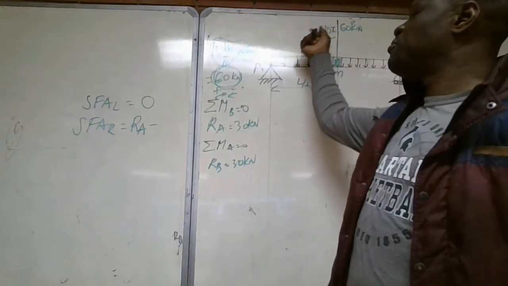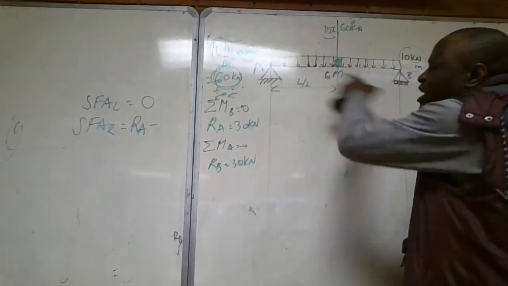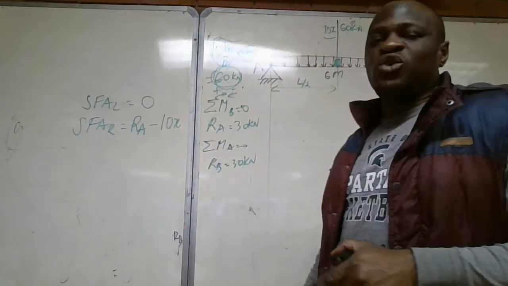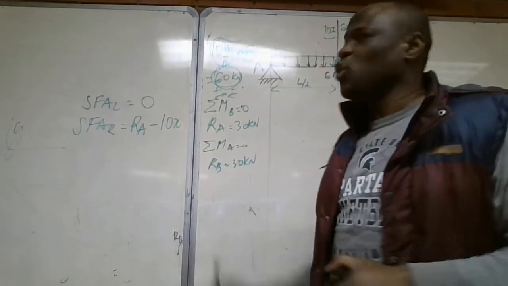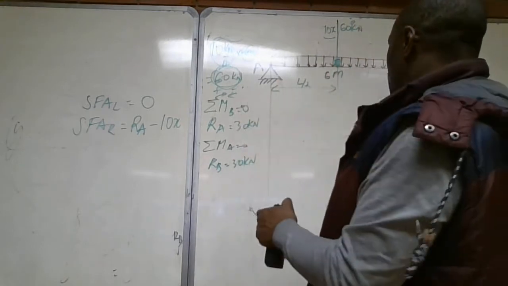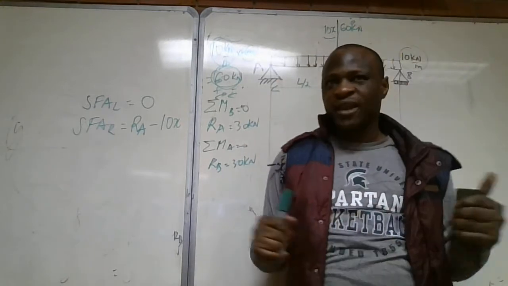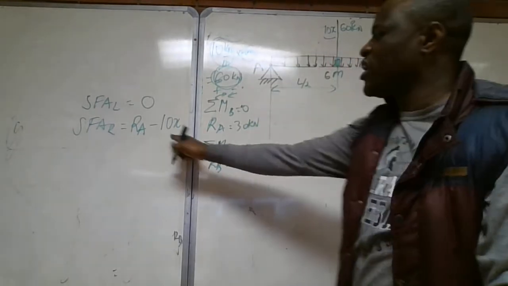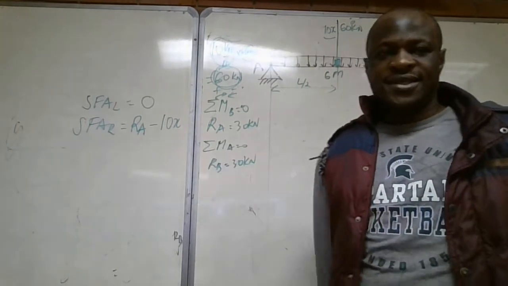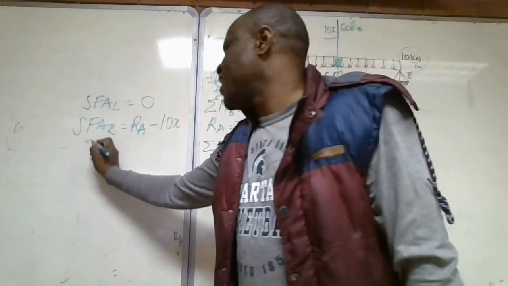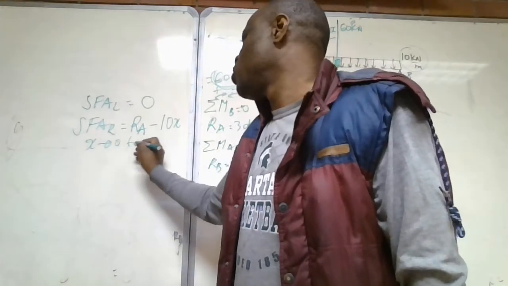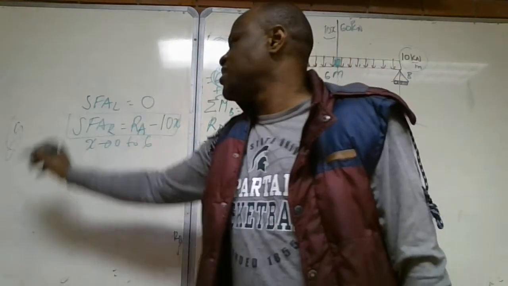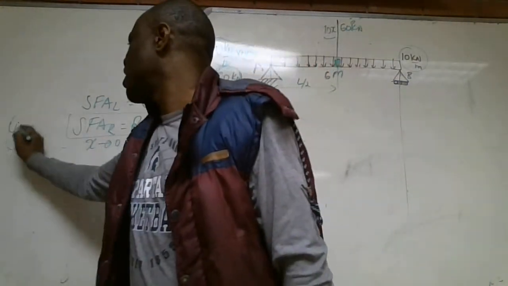If we're still on the UDL zone, we use the mathematical expression of the UDL instead of the total, because we haven't covered it all; we're still moving towards the other support. We can represent the load by x. We know that x varies from 0 to 6, because this is a mathematical function that can be represented as y.